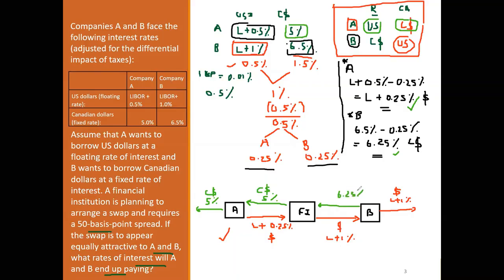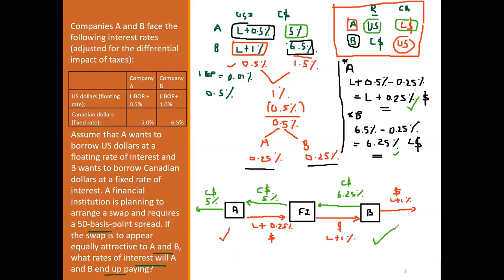B pays 6.25% Canadian dollars to the financial intermediary. So from the B side, we have eliminated the dollar cost of B, and we have made the cost of B equivalent to 6.25% in Canadian dollars. So we have made the adjustment from the B side as well.